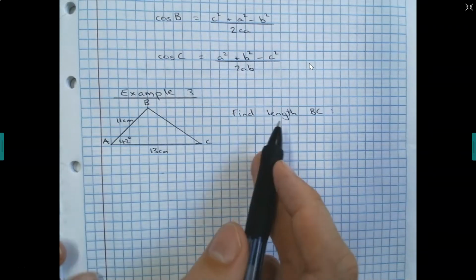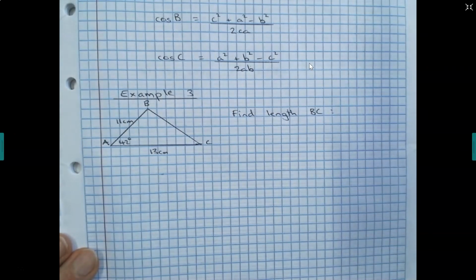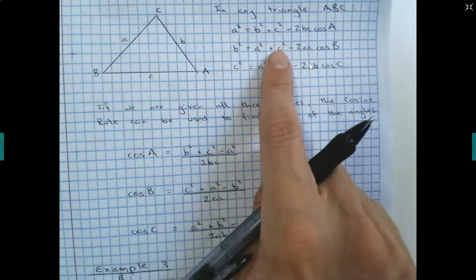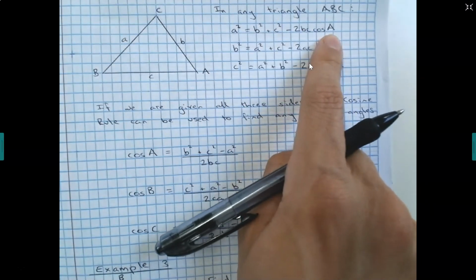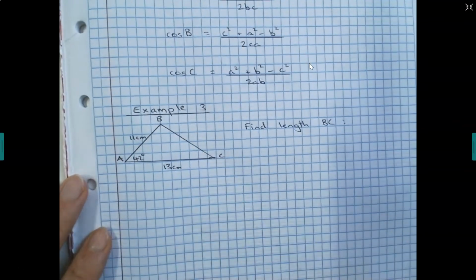Since we're trying to find BC, that unknown length, we need two sides and an included angle, and then we're able to apply the cosine rule. Since we're given b, c and angle A, we are able to apply this to find our unknown side length BC.